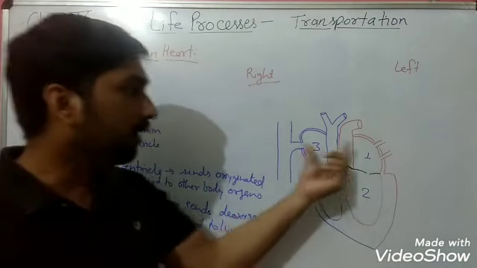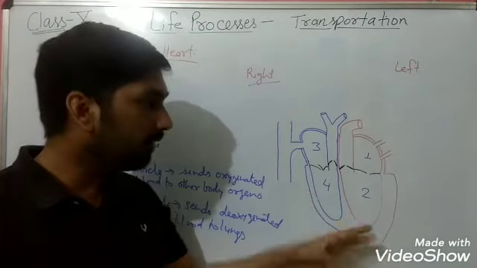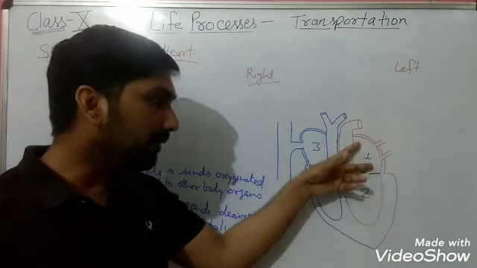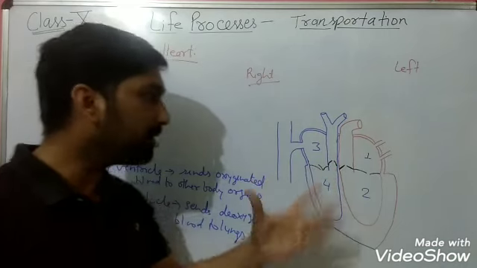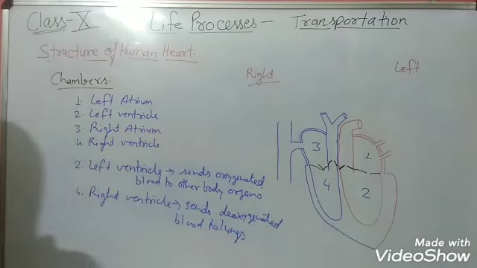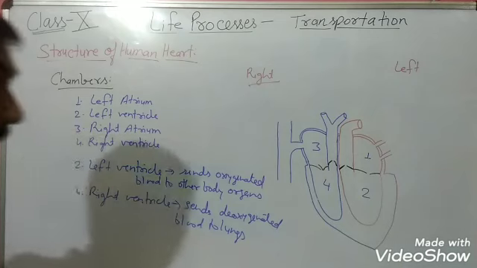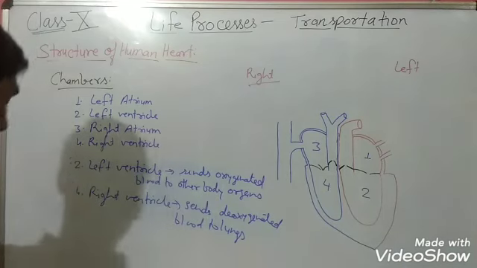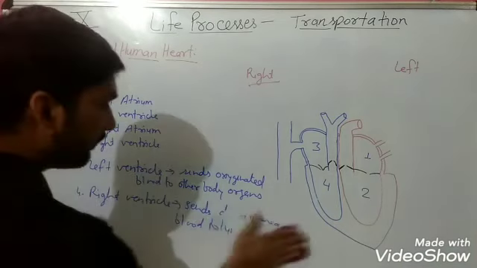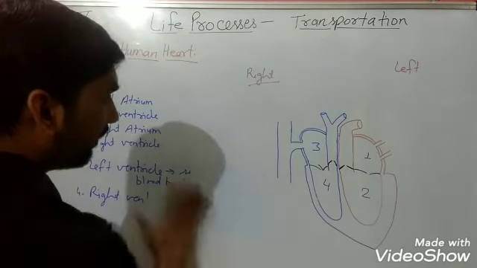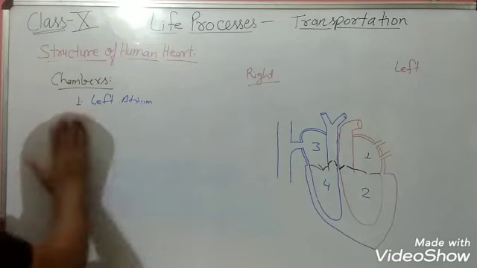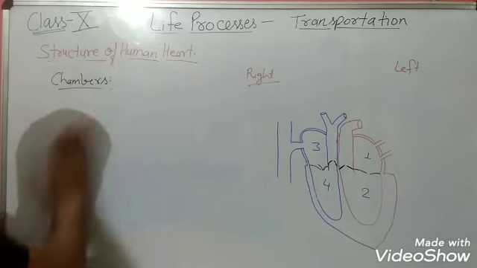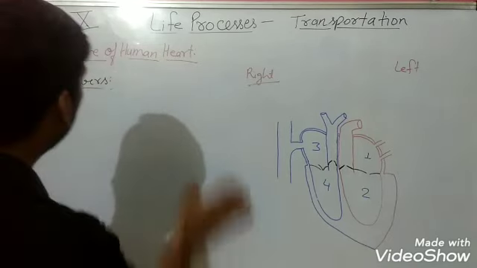So I hope now the chambers are clear to you: left atrium, left ventricle, right atrium and right ventricle, and we will see their main and specific characteristics. Maybe you are observing in the figure that the left ventricle has a very thick muscular wall.